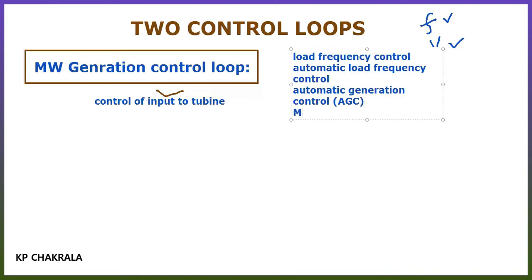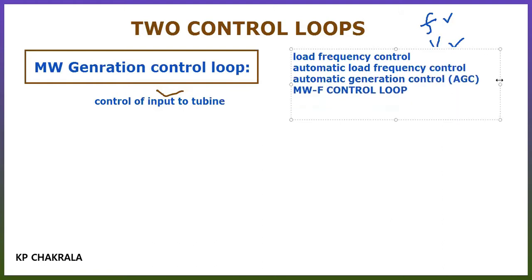It is also called a megawatt frequency control loop. It is the same control loop, so we can call it load frequency control, automatic load frequency control, automatic generation control, and megawatt frequency control loop.